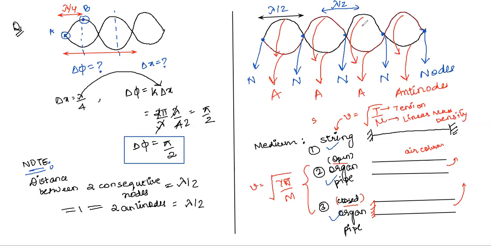And if we talk about a node and an antinode, see here, if I talk about one node and the next antinode, the distance is lambda by 4. Please take this also.